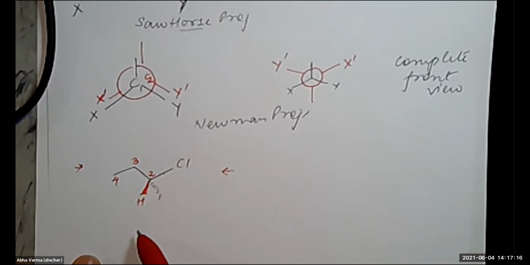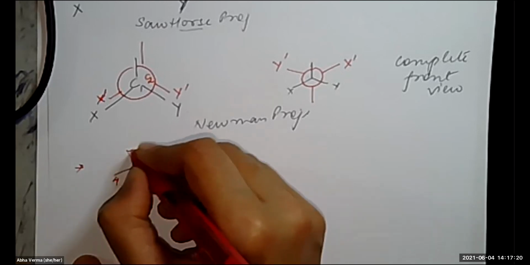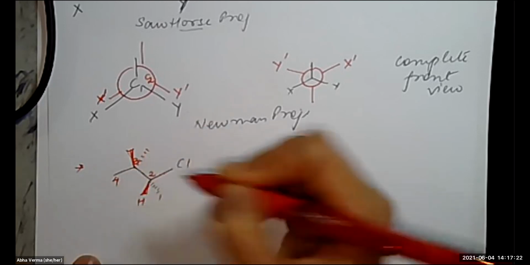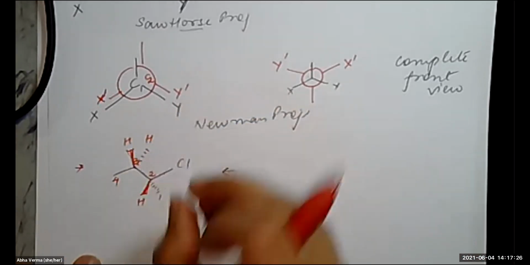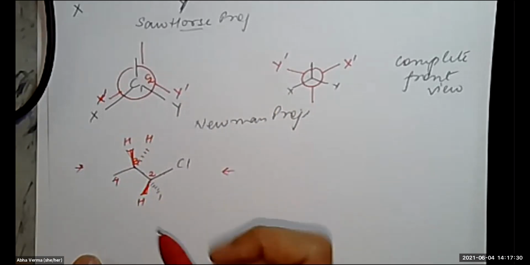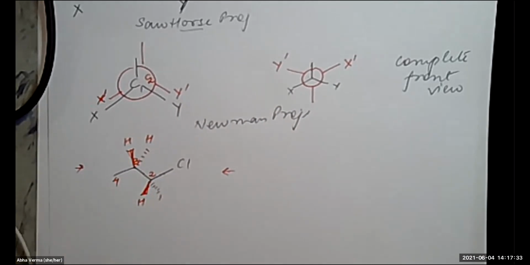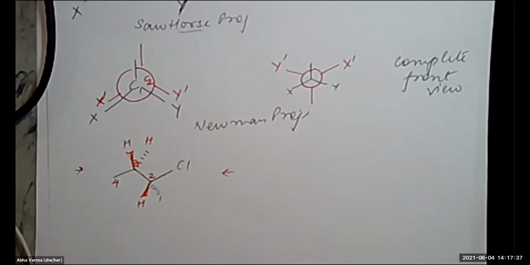It will go in the front. What about this carbon? On this carbon also, I will make a dash and a wedge. So remember, your hybridization will tell you the geometry. Your geometry tells us that we always draw these as zigzags, and the zigzags, inverted V's, are what will help you look at your other groups.